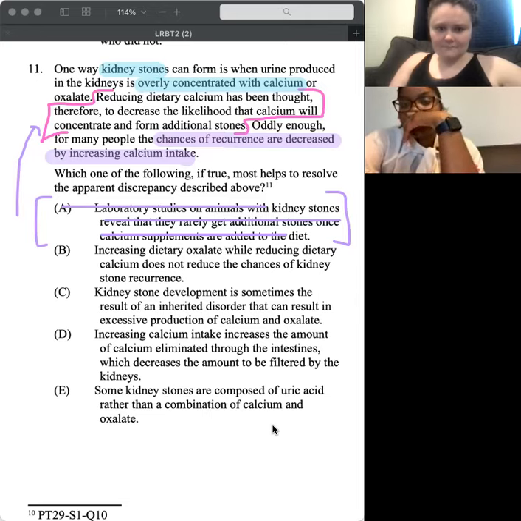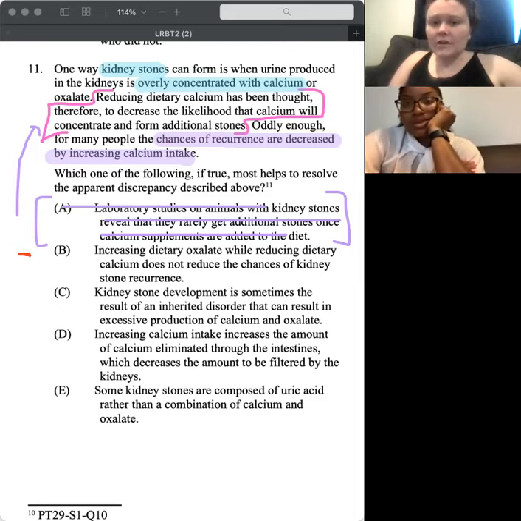It could be. All right, so let's leave this one for a second. What about C? I wouldn't use that, because this is just saying that kidney stones can come from whenever we excessively produce calcium and oxalate.